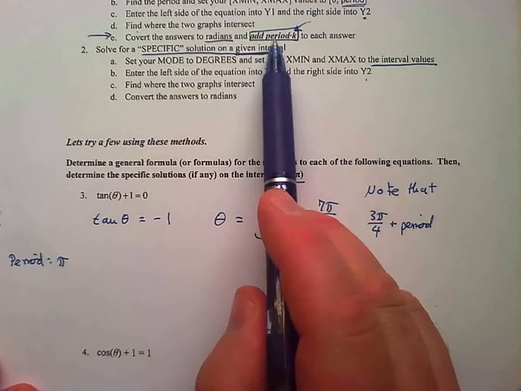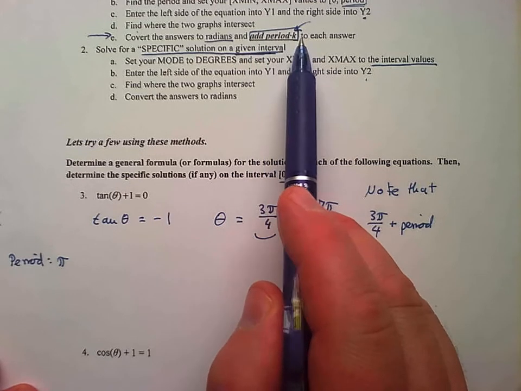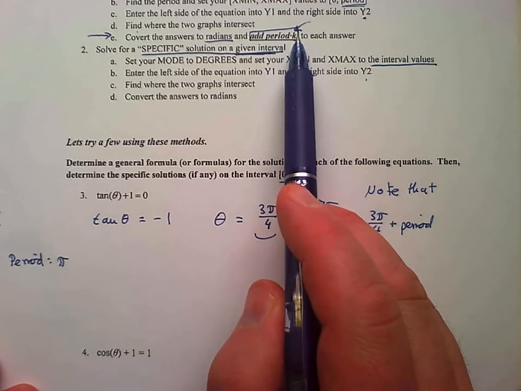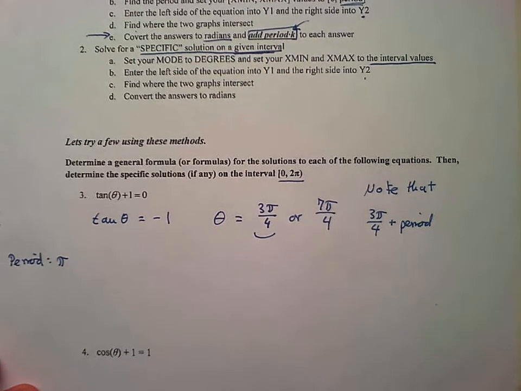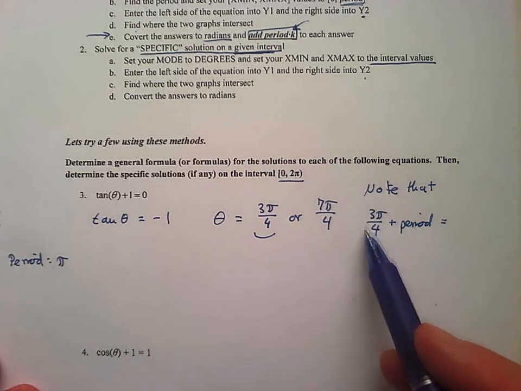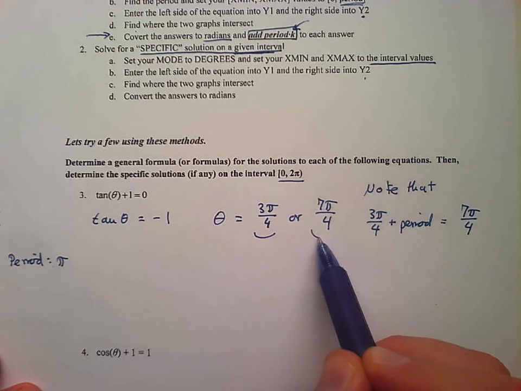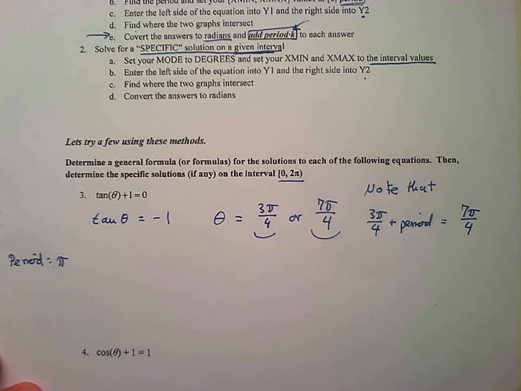So up here we're adding the period times k. k is an integer, so right now I'm letting that integer be equal to 1, so we're just adding the period to it. Well, then this is going to be equal to, right, if the period is equal to pi, and you add a pi to this, that's going to end up being 7 pi over 4. Well, 7 pi over 4 is exactly what our second solution is.